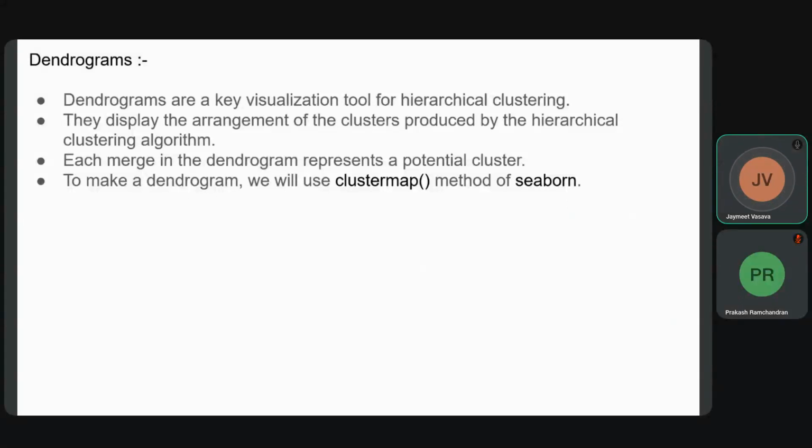Starting with dendrograms, they are a key visualization tool for hierarchical clustering. They display the arrangement of the clusters produced by the hierarchical clustering algorithm. Each merge in the dendrogram represents a potential cluster.